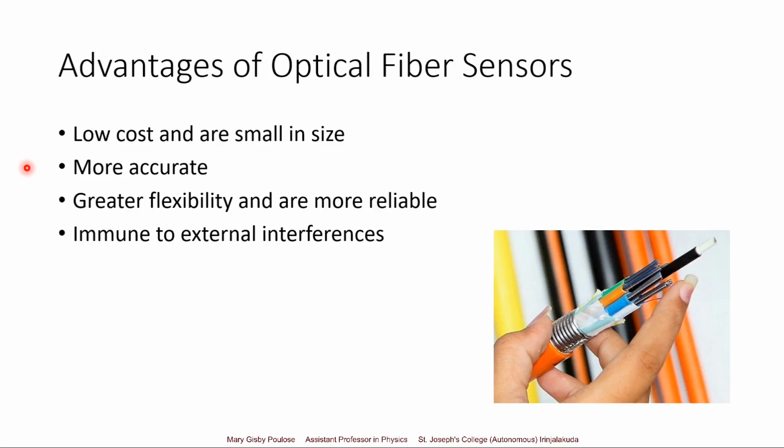The information that we get from these optical fibers is very accurate. Also, these fibers have greater flexibility and they are more reliable. They can be used for multiple purposes. And optical fibers being immune to external interferences, it will not affect the readings that we take from them.